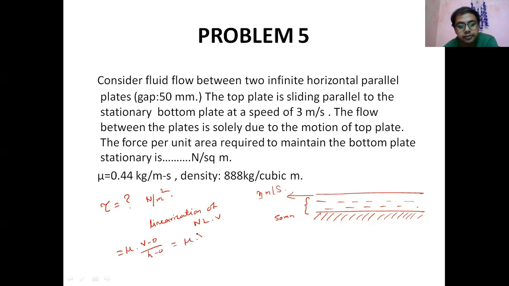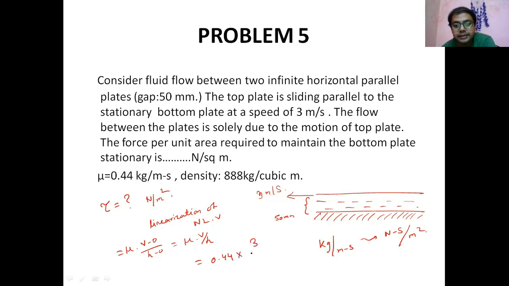Mu is given as 0.44 kg per meter second. We have seen last day that kg per meter second is the same thing as Newton second per meter square. If any doubt, you can work it out on your own. A simple thing.